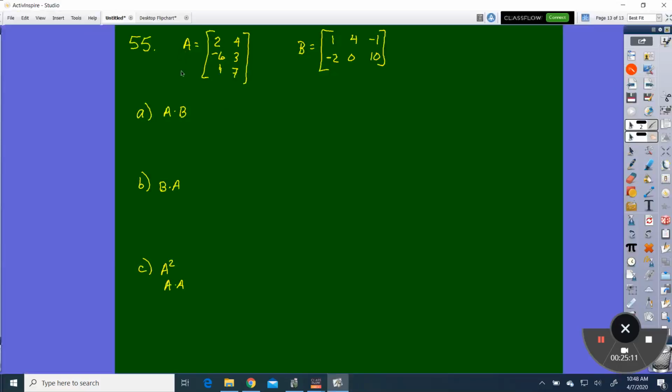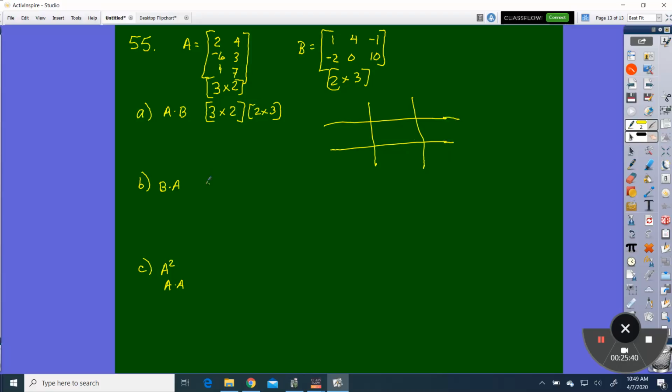So now working on 55, this is 3 rows by 2 columns. This is 2 rows by 3 columns. So when I do A times B, that's 3 by 2 times a 2 by 3. So that works. Those are the same. My matrix is going to be a 3 by 3.